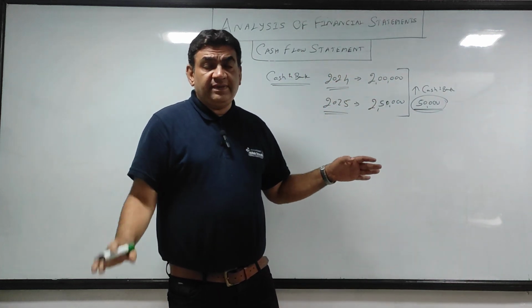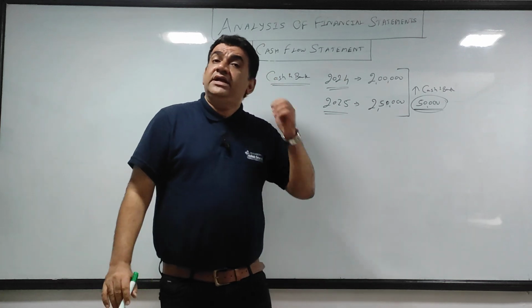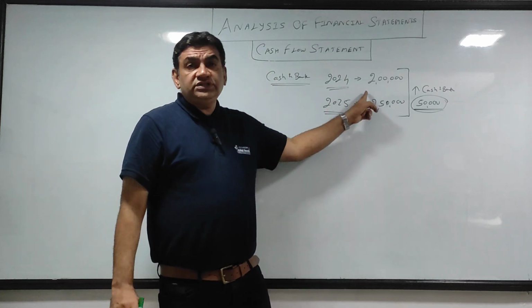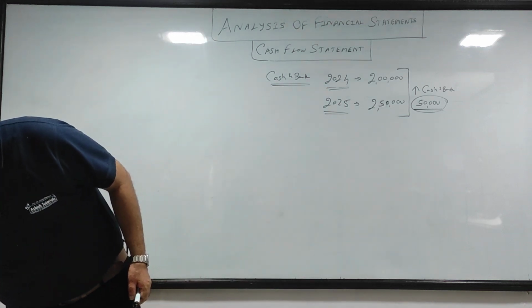You will make a statement where the primary focus will be to present how this 2 lakh became 2 lakh 50,000. That is your cash flow statement.